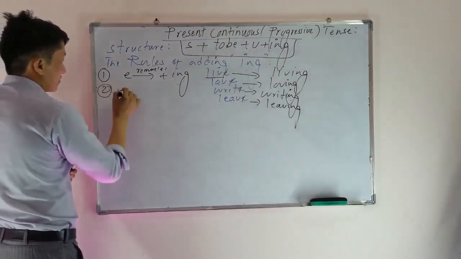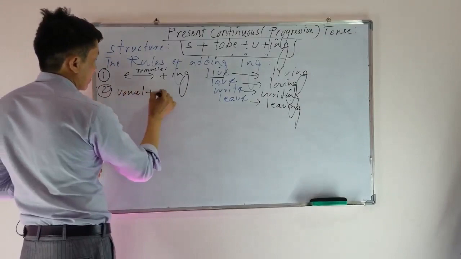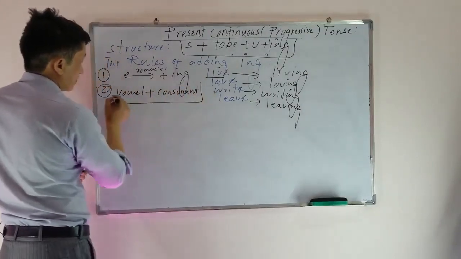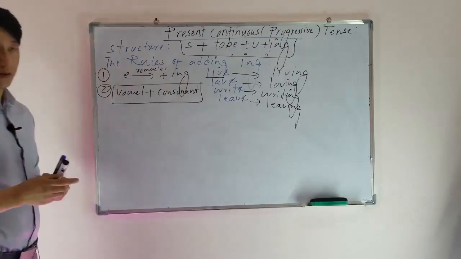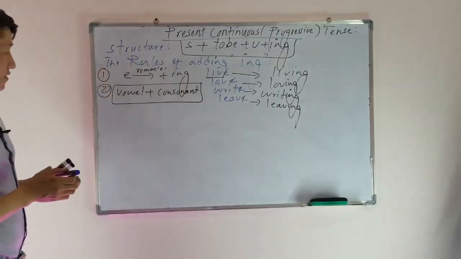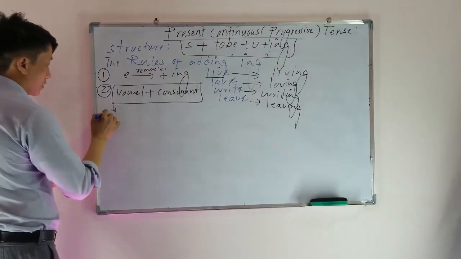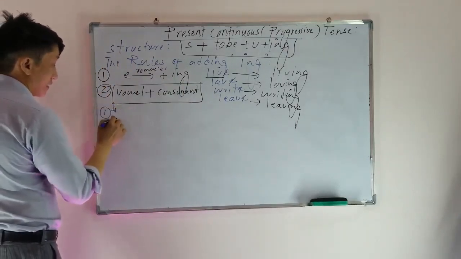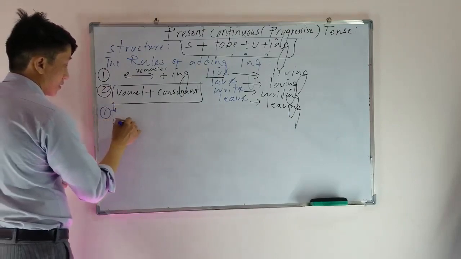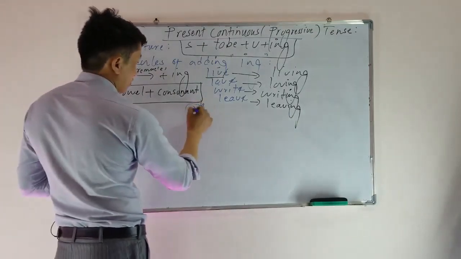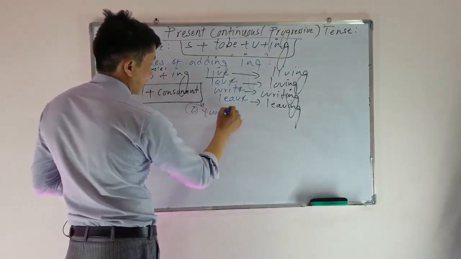Rule number 2. If a verb finishes with vowel plus consonant, here we have 2 rules. Rule number 1, if it's a 1 syllable verb. And the second rule, if it's a 2 syllable verb.